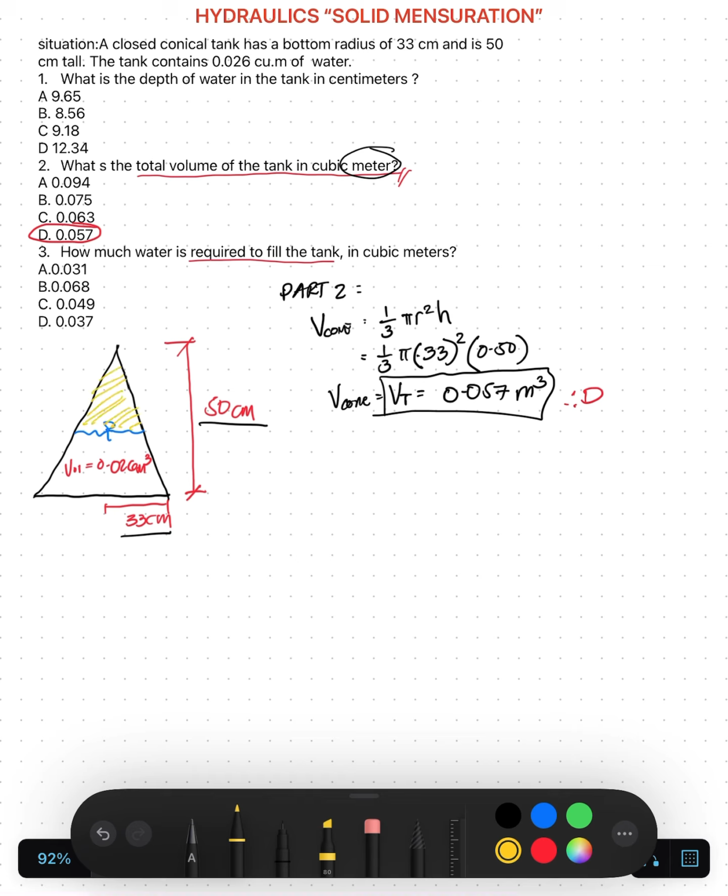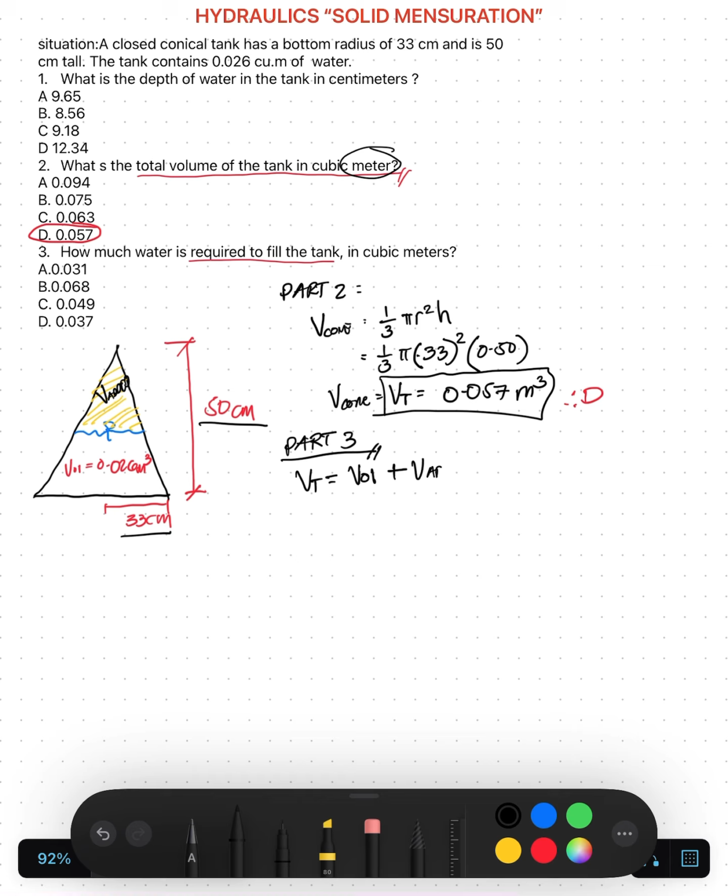This is part 3. So total volume is equal to the volume already in place plus, let's say we have V added here.